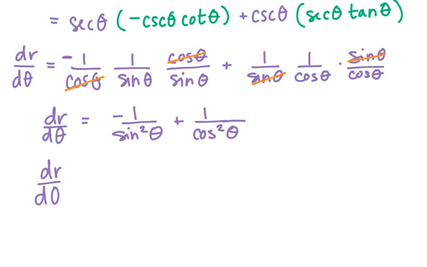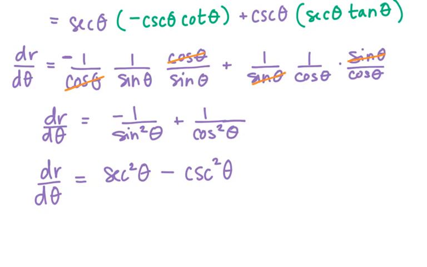So dr d theta, cosine squared, that's the same as secant squared. And sine squared, I'm going to move them. Sine squared is the same as cosecant squared. I just want you to notice sine came over here because I wanted the negative in the middle, and cosine came to the front. The reciprocal of sine is cosecant, the reciprocal of cosine is secant. Because they were squared, that remained.